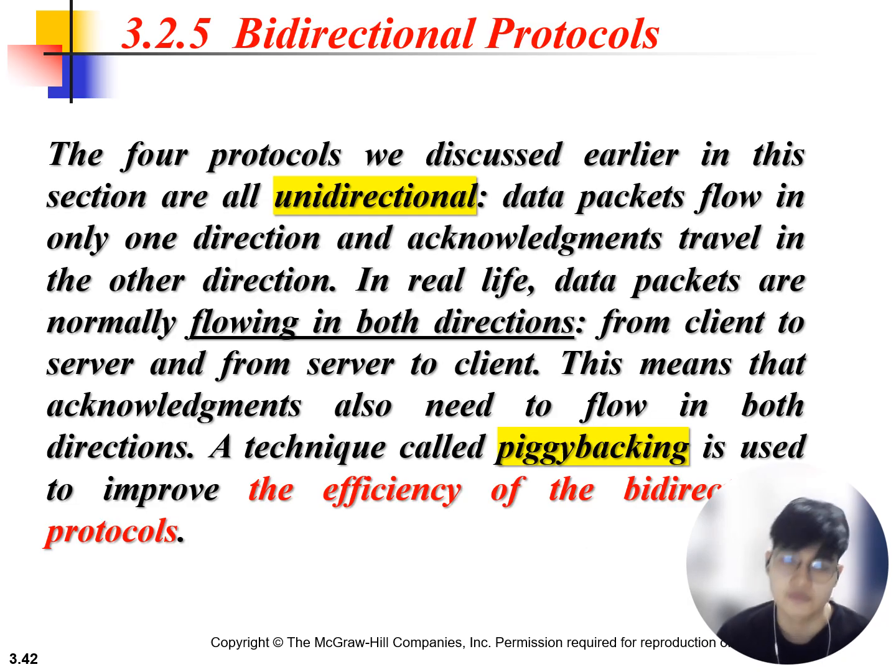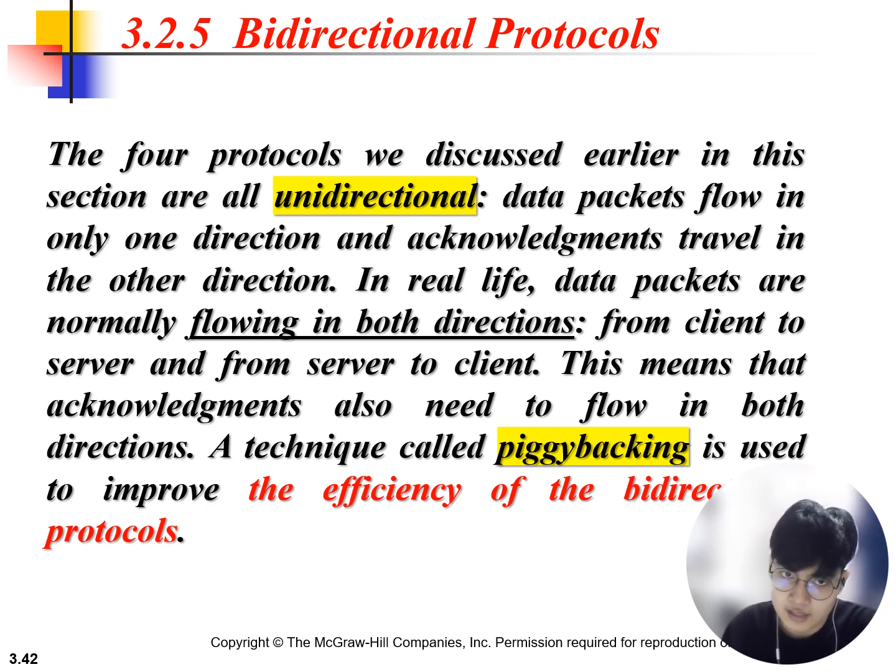Bidirectional protocols. The four protocols we discussed earlier in this section are all unidirectional. The data packets flow in only one direction and acknowledgements in the other direction. In real life, data packets normally flow in both directions, from client to server and from server to client.